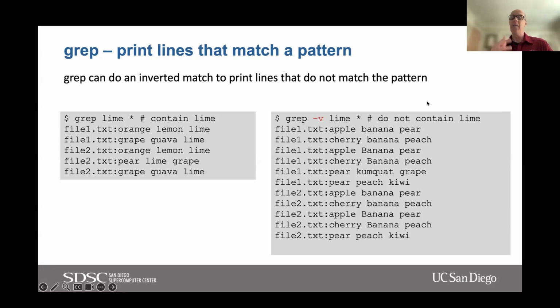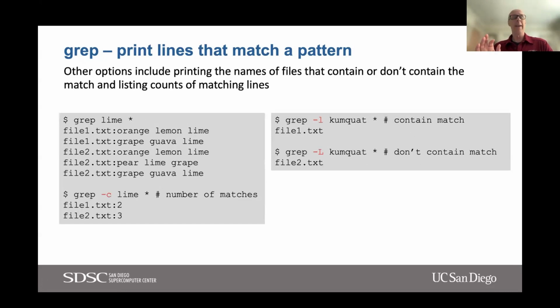But let's say I wanted to flip that around and get all the lines that do not contain the match. I could have done a grep -v to invert that. So now I get output of all the lines that do not contain lime. So again, a lot of options in here. Just play around with them. Use the ones that you need.